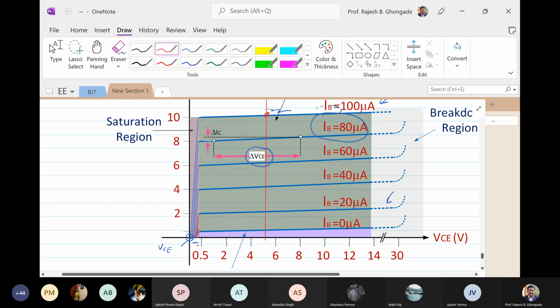So for a small value of VCE, I have IC equal to 0, even if IB is a non-zero value.